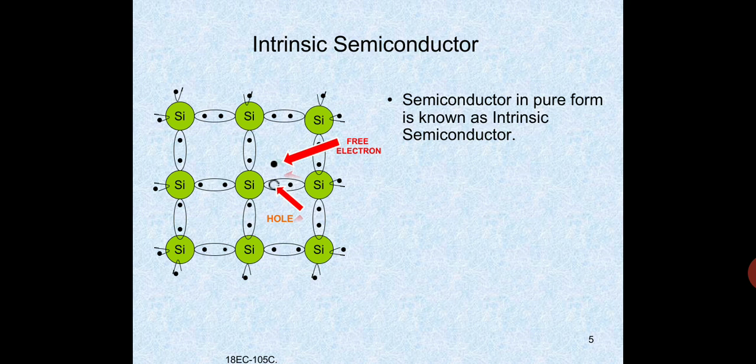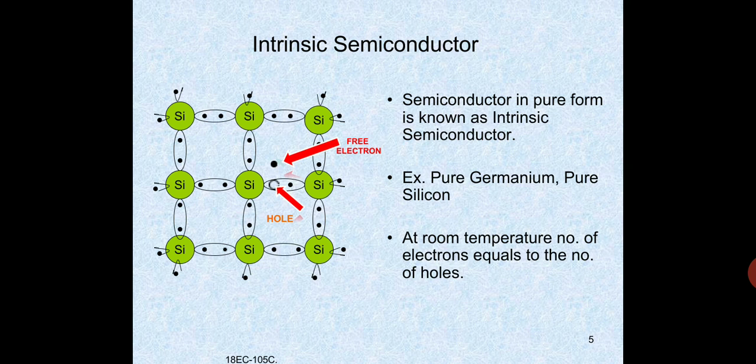That is a free electron. The semiconductor in pure form is known as an intrinsic semiconductor. The examples are germanium and pure silicon.